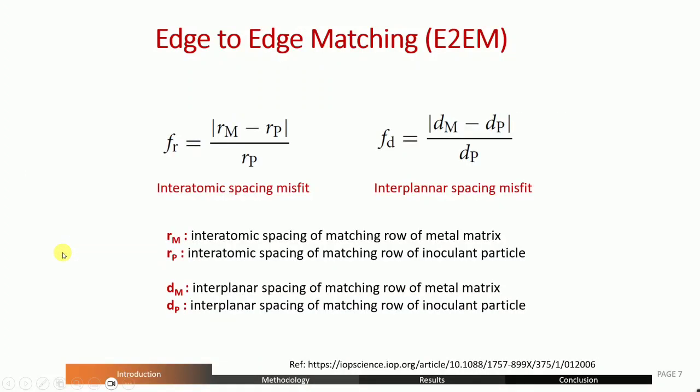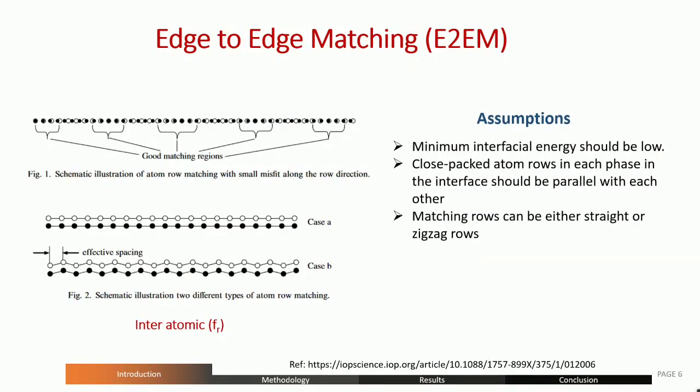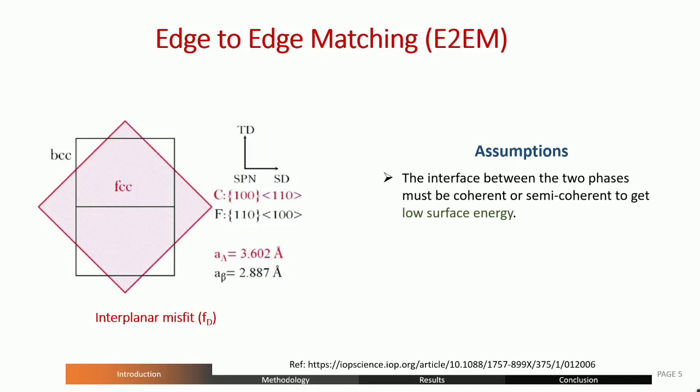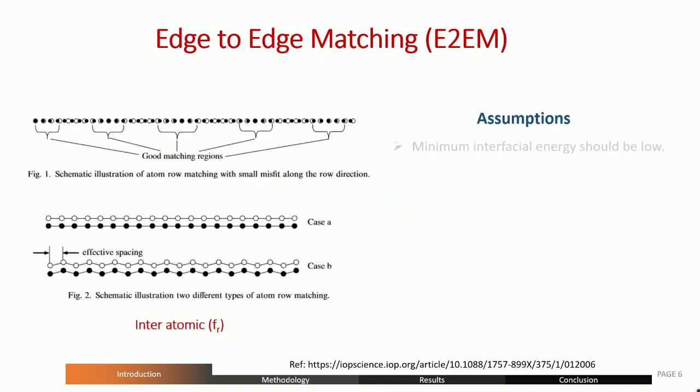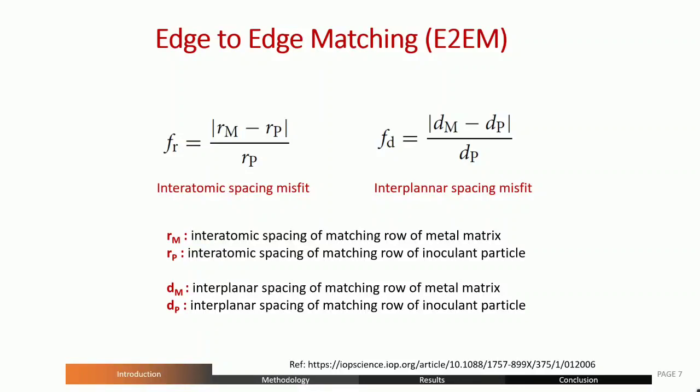There are two parameters here, as we discussed in the previous slide: the interatomic FR and the interplanar misfit. These two parameters define the matching, given by this equation. If we are talking about this atom, then the interatomic spacing misfit is FR, given by RM minus RP by RP, where RM is the interatomic spacing of the matching row of the metal matrix, and RP is that of the inoculants for the same parameters.